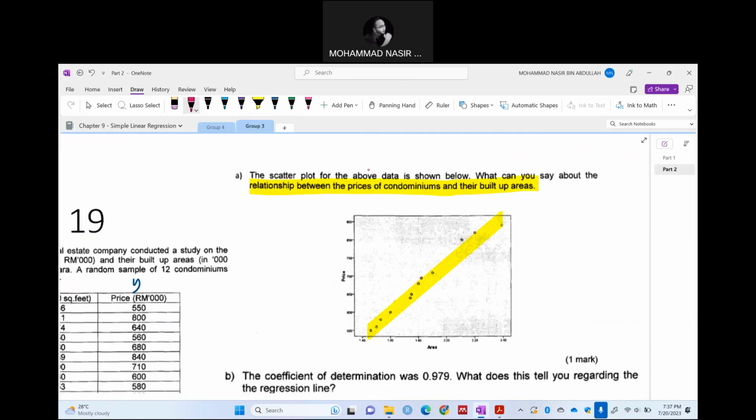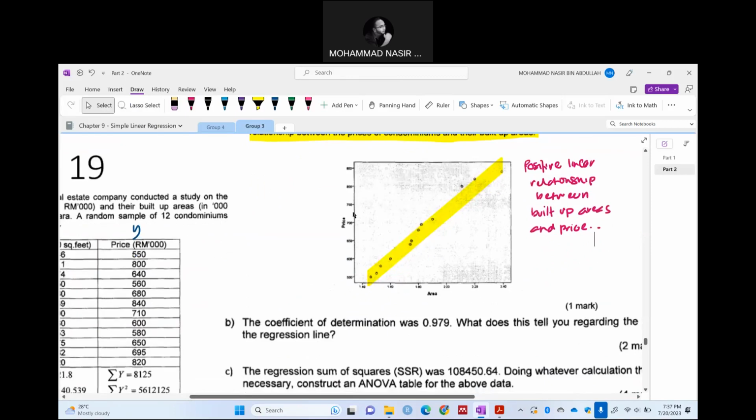Just one mark. Okay. So the coefficient of determination was 0.979.